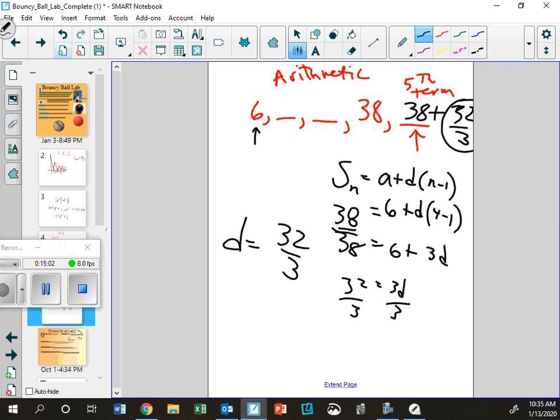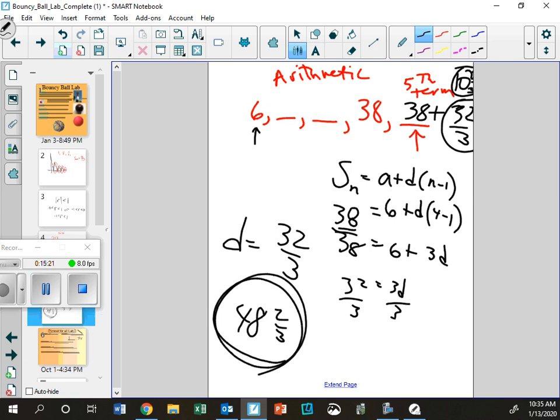Then wouldn't I be able to just take 38 plus 10 and 2/3? If that's 10 and 2/3, sorry, it went off the screen there. 38 plus 10 and 2/3 is 48 and 2/3. 48.6 repeating if you wanted to do it as a decimal. Does that make sense? Okay.